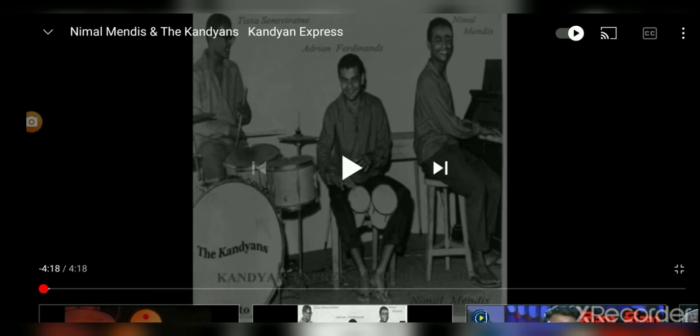Nimal Mendis' Candian Express is a good example for this. Nimal Mendis is a well-known Sri Lankan composer. He composed this Candian Express music. He has imitated the sound of a train in this composition.